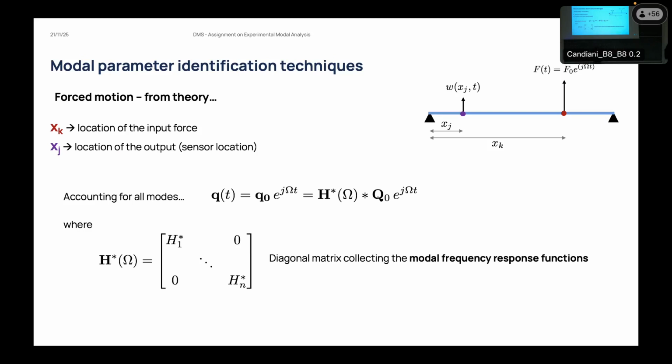And then you have the zeros all around. So you have just the main diagonal that contains the terms that are different from zero. We are just collecting in a matrix form the output of the modal approach.